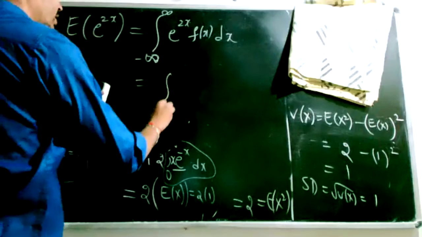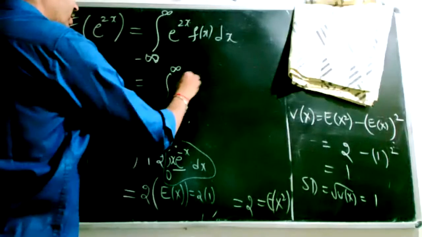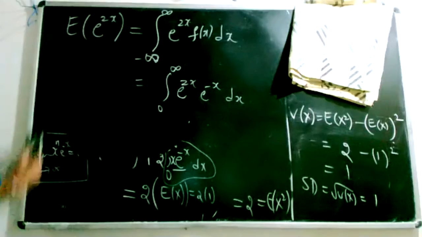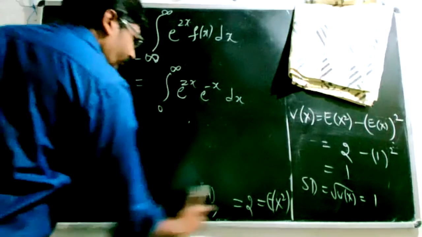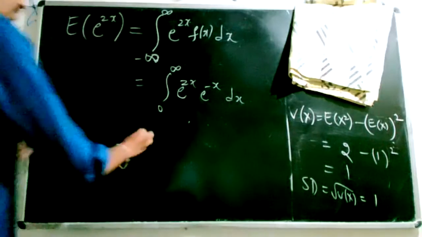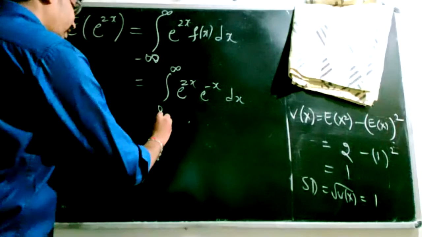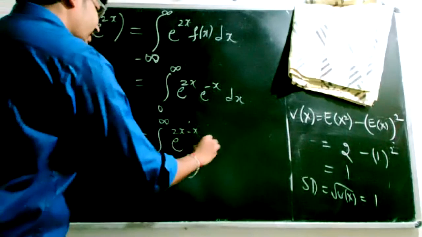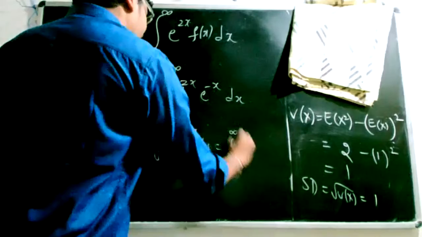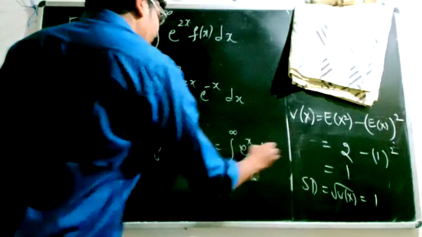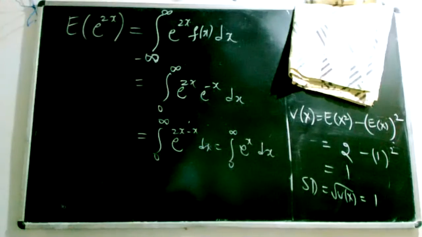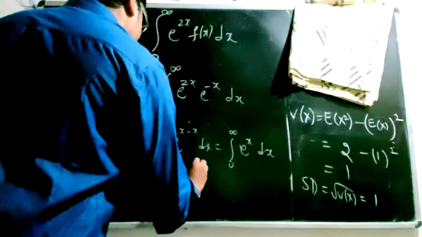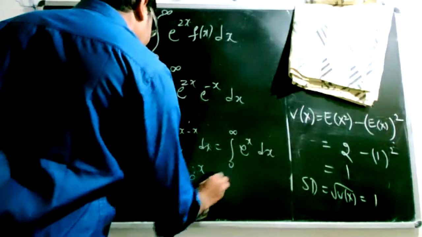So this will be the integration from 0 to infinity of e power 2x into e power minus x dx. Now e power 2x into e power minus x becomes e power 2x minus x dx, which is equal to e power x dx. Now e power x as x tends to infinity is infinity. So this value is equal to infinity.